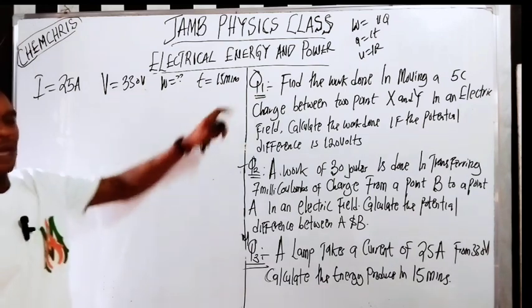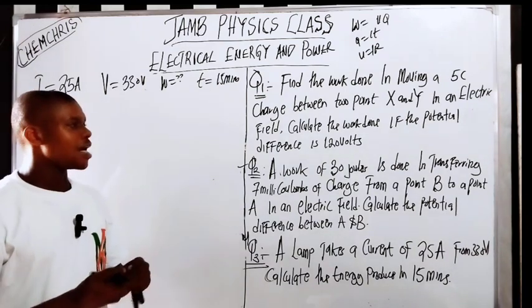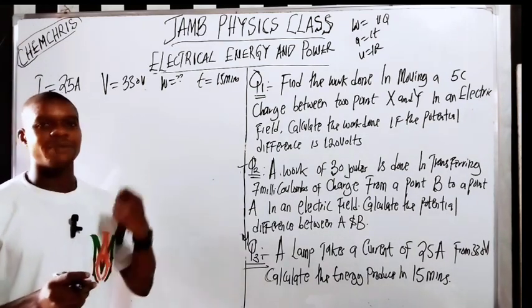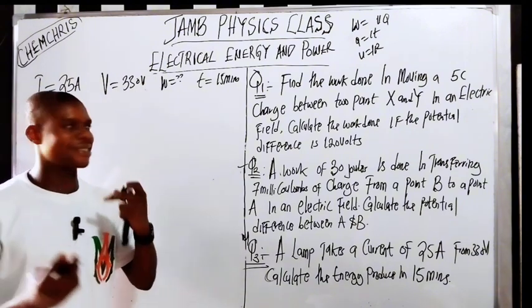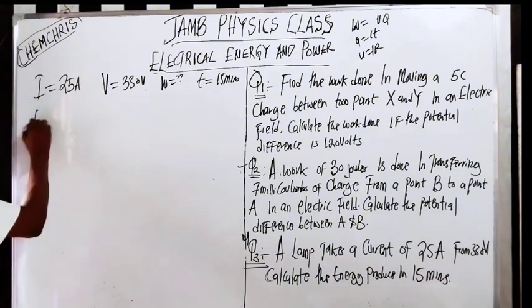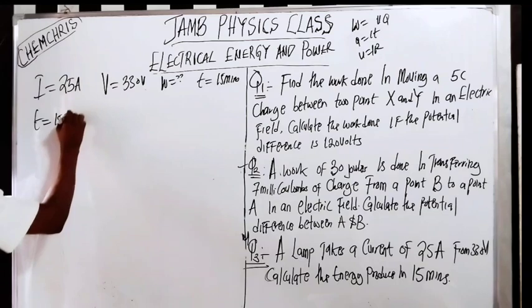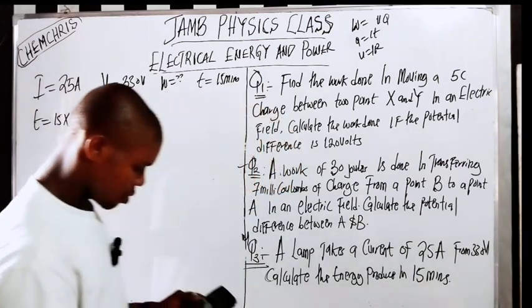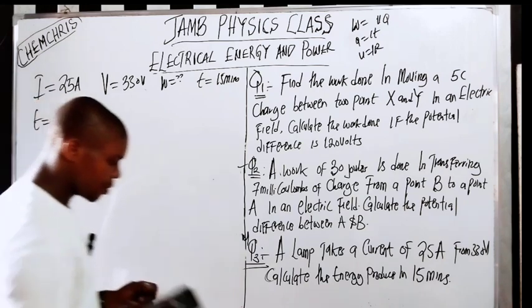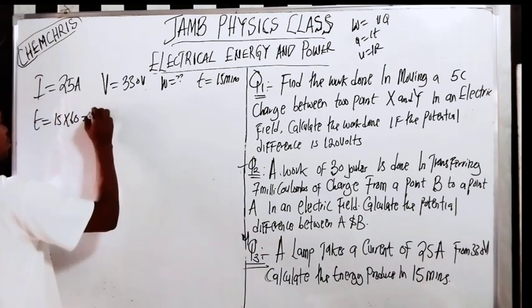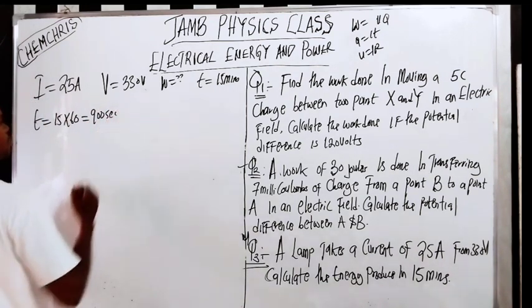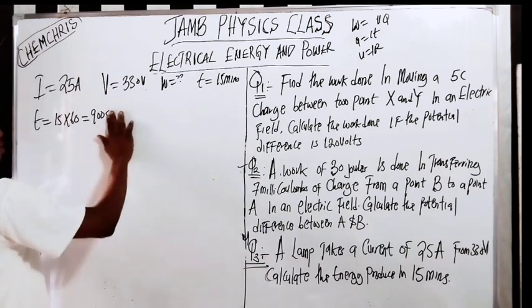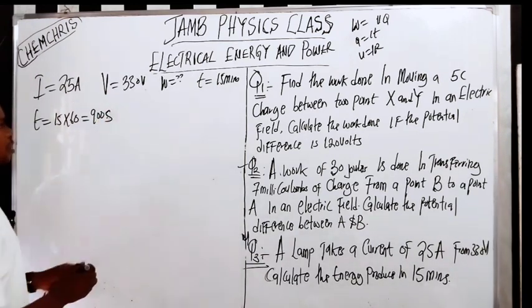Now whenever you see minutes, you have to convert it to seconds. When you convert it to seconds, you multiply the minutes by 60. So my time here is going to be 15 times 60, which gives me 900 seconds.